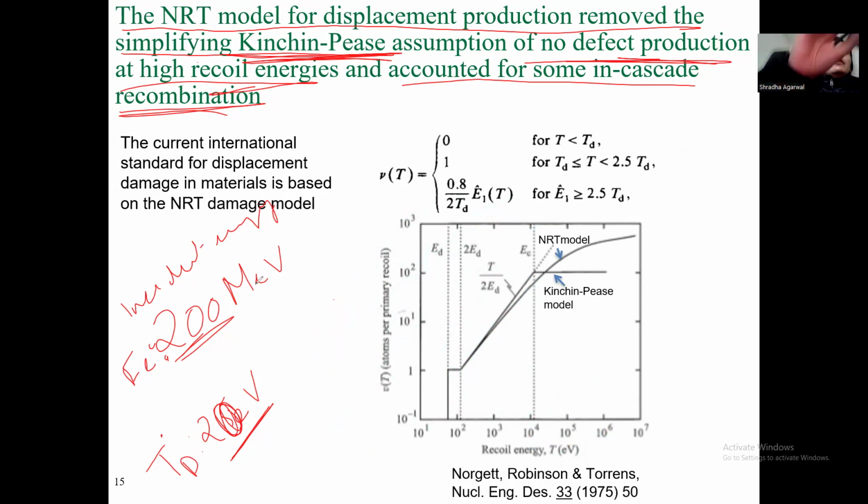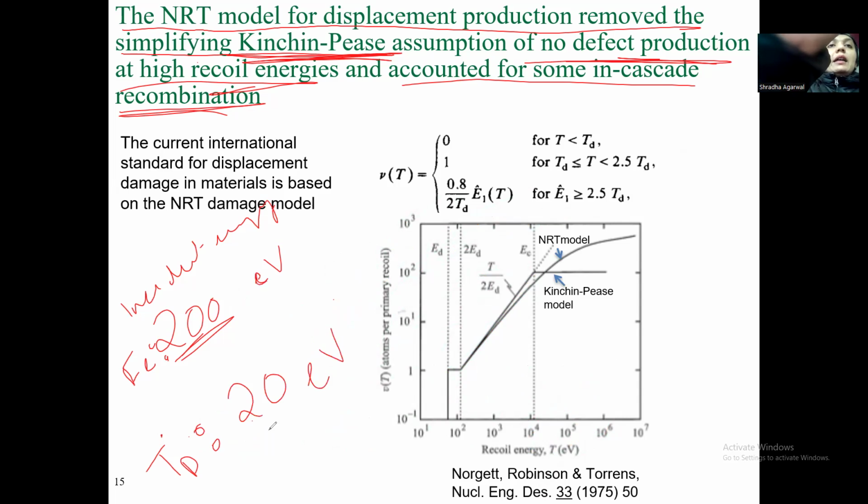Let's make it eV. And I give you 200 eV energy. So for displacing one atom, I need 20 eV, and I give you 200 eV of energetic ion coming into your sample. So you will say, just do 200 by 20. So the answer is, we'll displace 10 atoms.